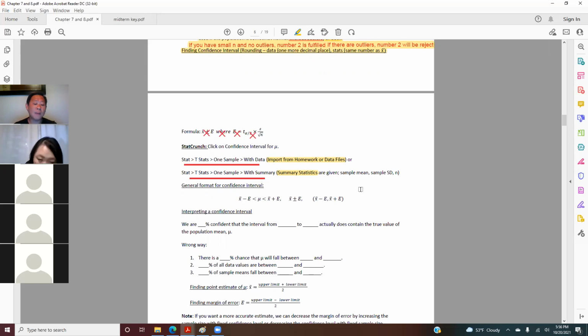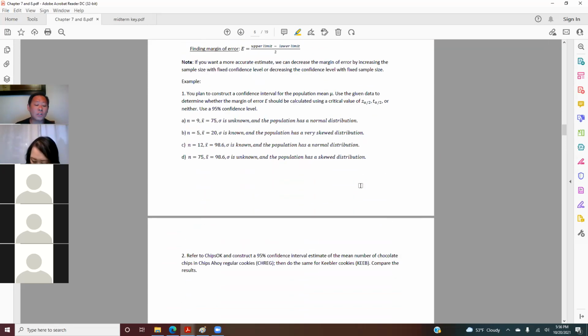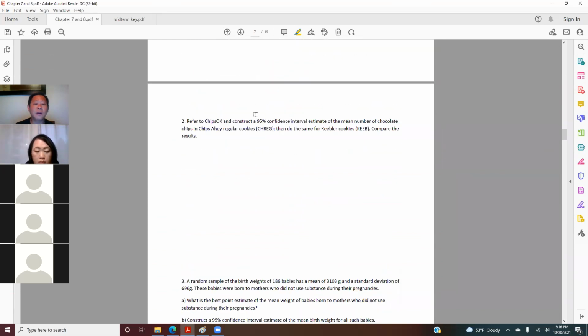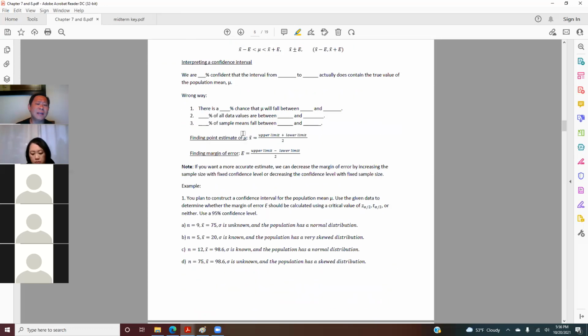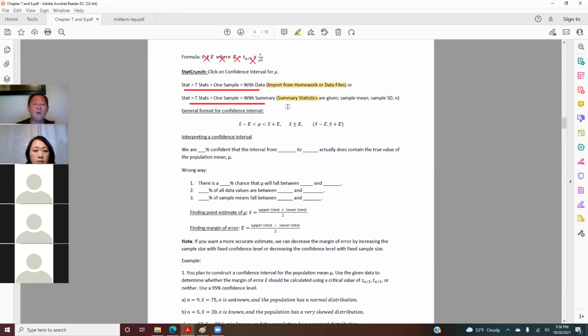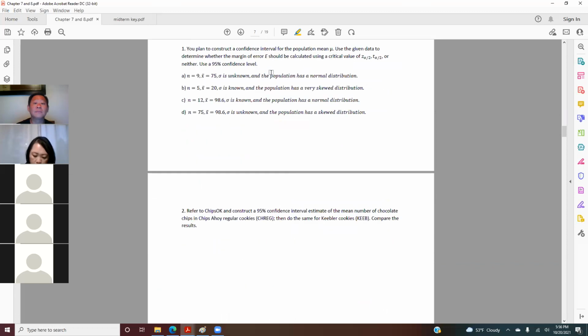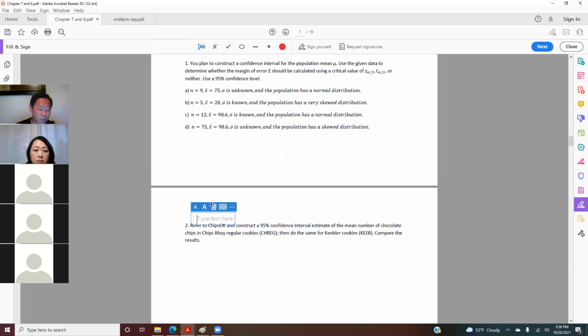For example, you can look at the questions. If you look at question number 2 here, it says refer to chips. That means chips is your data file. So what do you think about this question 2? Are we using with data or with summary? It's going to be data. Yep. This one is going to be with data because it's under chips.